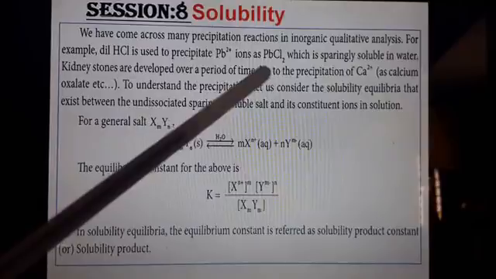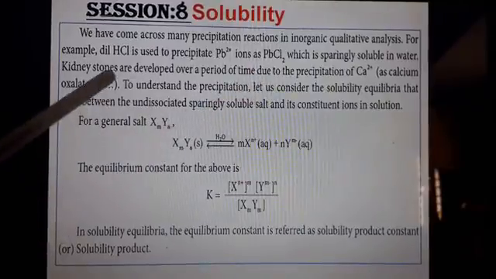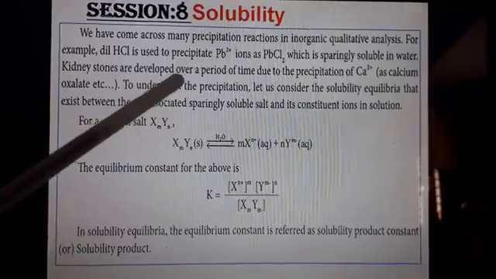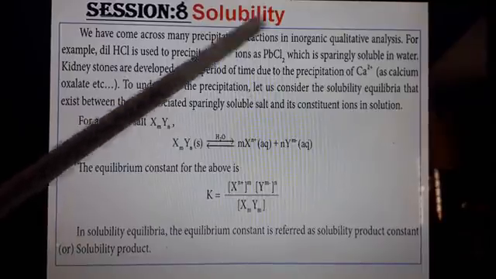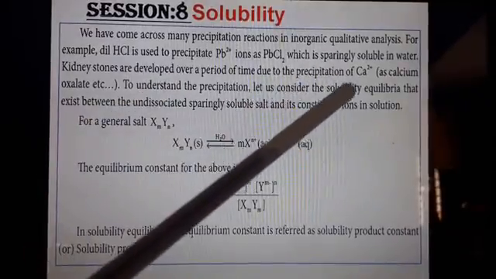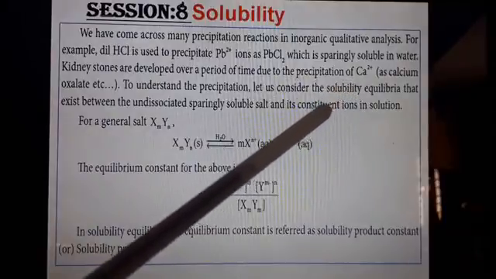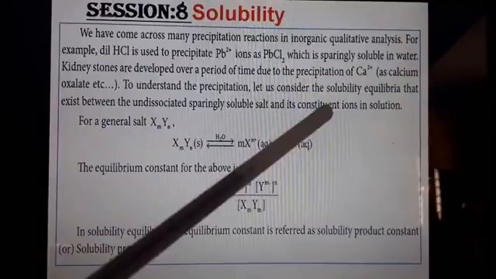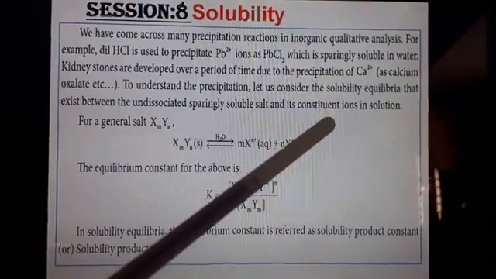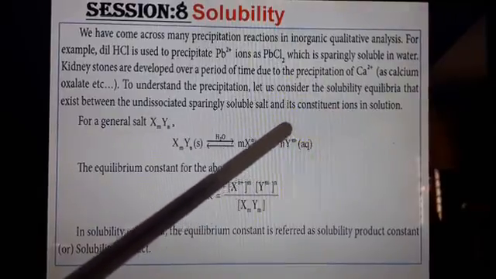Another example: kidney stones are developed in our body. The chemical name of the kidney stone is calcium oxalate, formed from the calcium 2 plus ion.